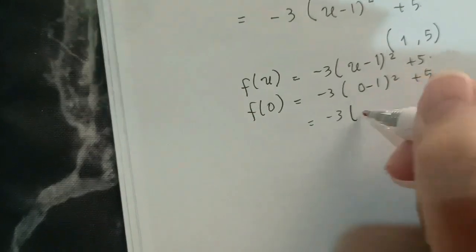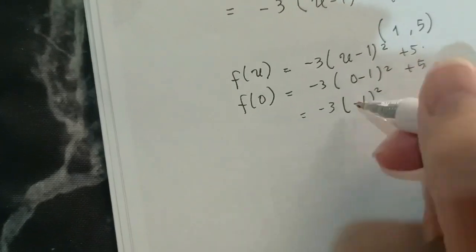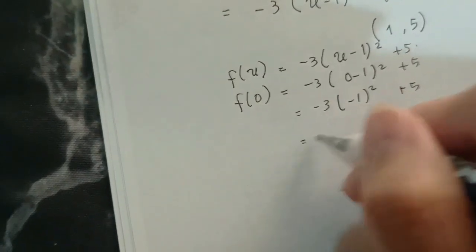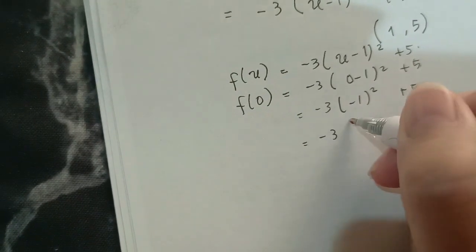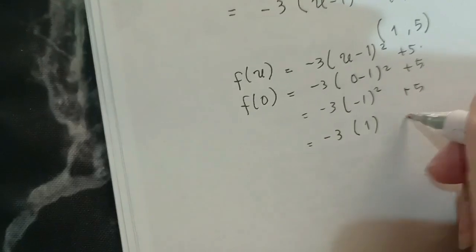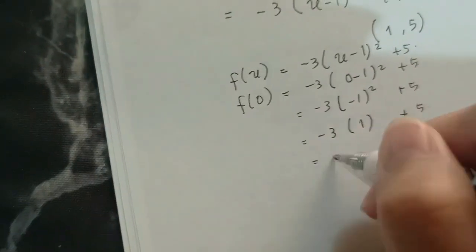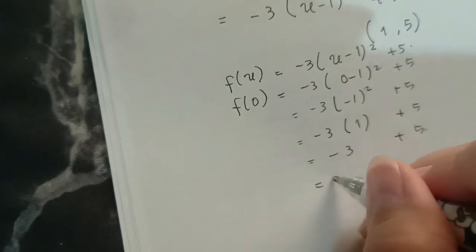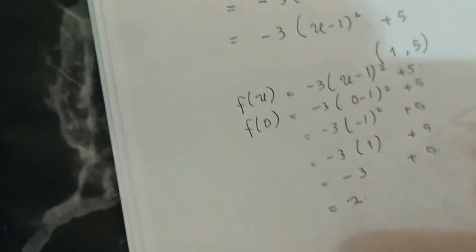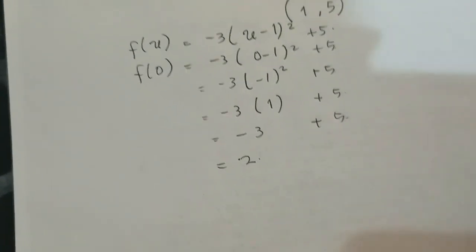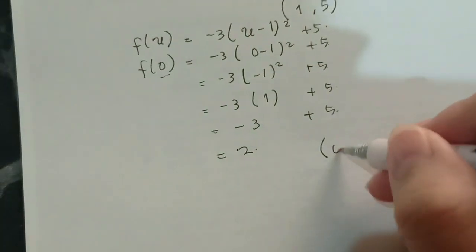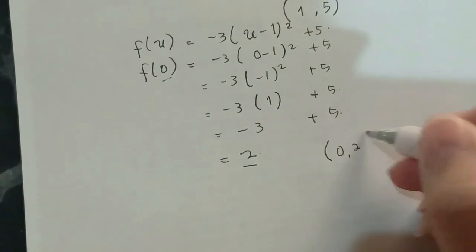Minus 3 multiply minus 1 quadrat, plus 5. Minus 3 multiply 1, plus 5. So minus 3 plus 5 is 2. So the coordinate will be x is 0, y is 2.